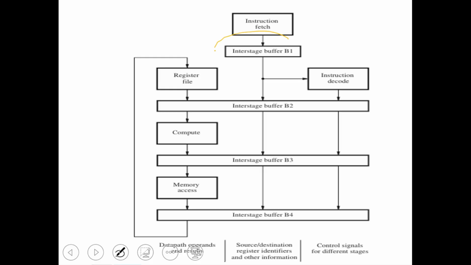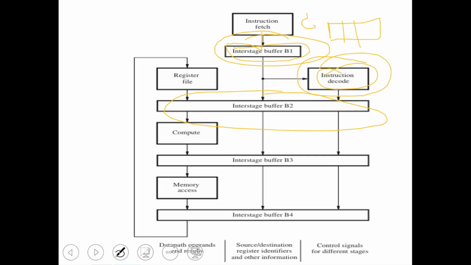So you may ask why there is a need for a buffer. For example, say one program is executing and one instruction is in the decode stage. In that time, another instruction is fetched and it cannot be decoded here. So it is stored in the buffer B1, which is nothing but a queue data structure.